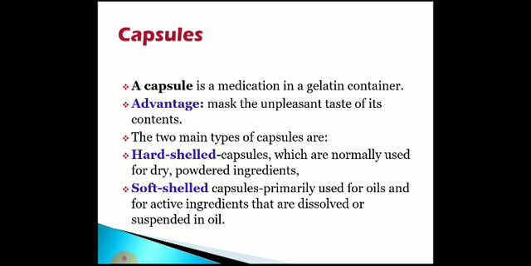Hard gelatin capsules are normally used for dry powder ingredients. Soft gelatin capsules are used for oils and for active ingredients that are dissolved or suspended in oil.